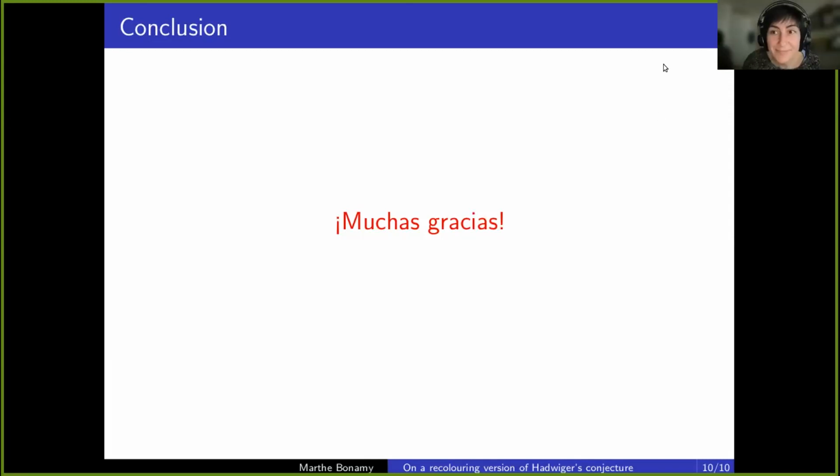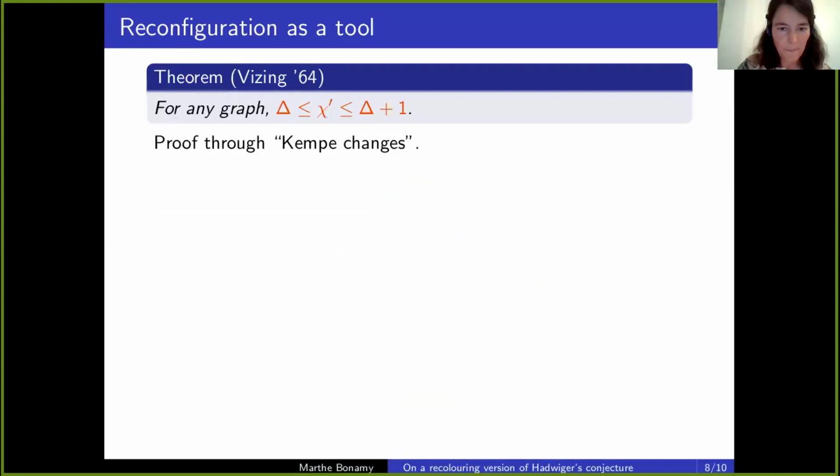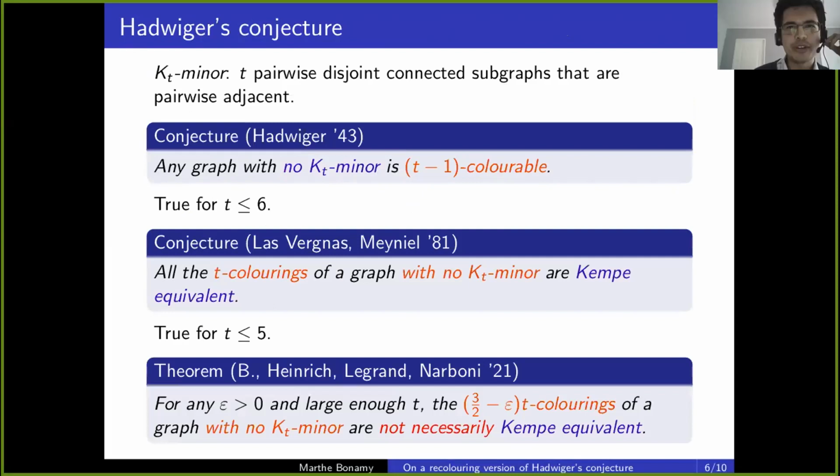More questions? So the conjecture of Las Vergnas and Meyniel failed. Would you restate that conjecture in some way, or make a new conjecture? I'm not sure if I believe it or not, but I think a nice question is: is there some constant C such that all the C·Δ colorings of a graph are Kempe equivalent?